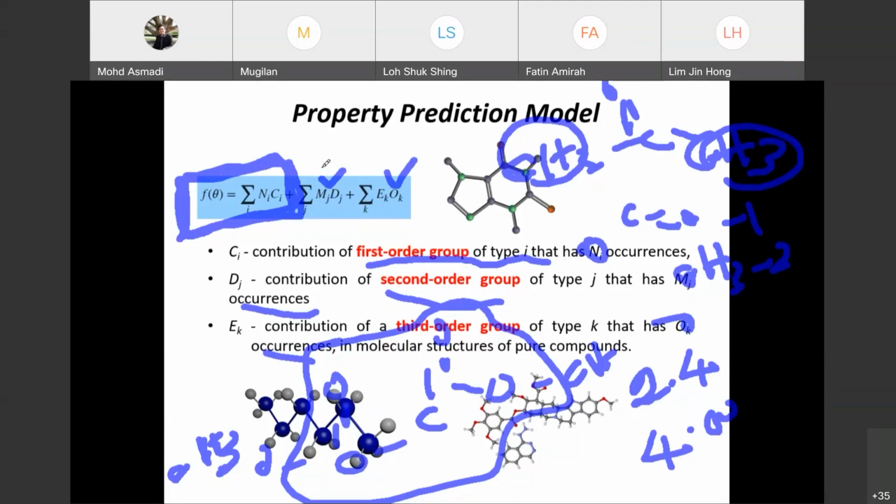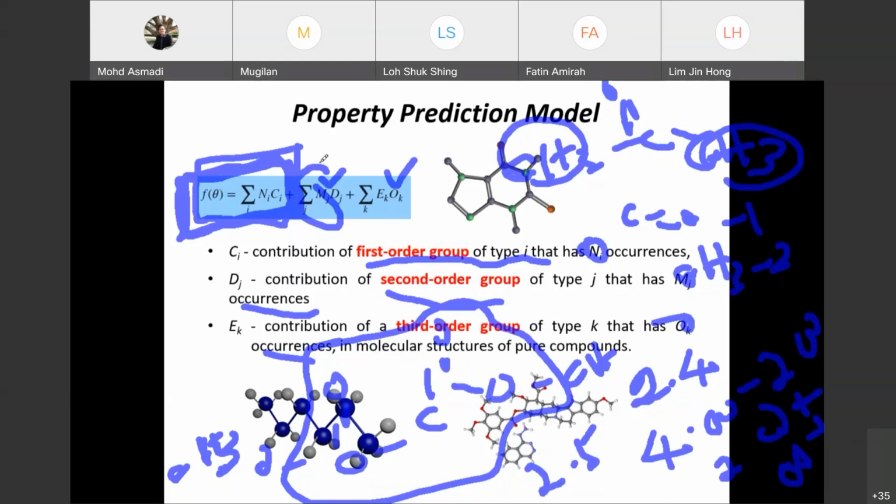When you add the Taylor series term, maybe minus 2, it becomes 2.0, almost close. Then the third order is plus 0.5, so it becomes 2.5. It's like an adjustment. We generally have to verify by experiment. So the main thing is only first order: the number of occurrences and also the contribution.